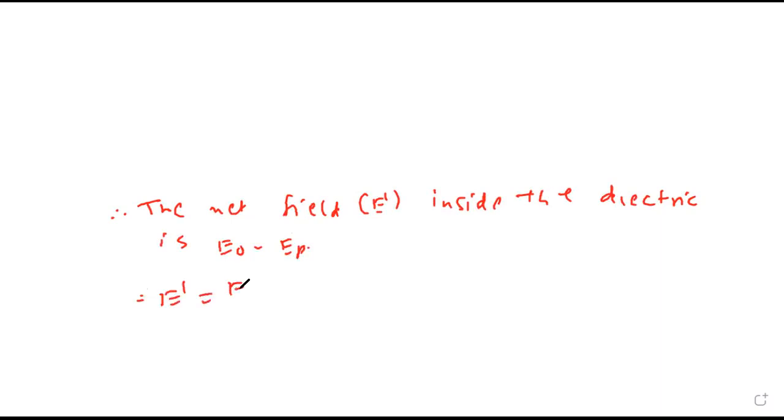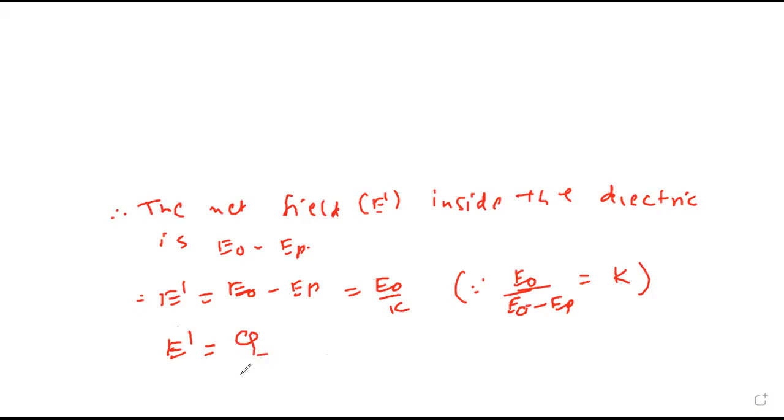Therefore, E dash equals E naught minus EP, which is E naught upon K, since E naught upon E dash, that is E naught upon E naught minus EP, is given as K. So this E dash becomes E naught, which is Q upon A epsilon naught, into 1 upon K. Therefore, charge Q is nothing but A K epsilon naught E dash.